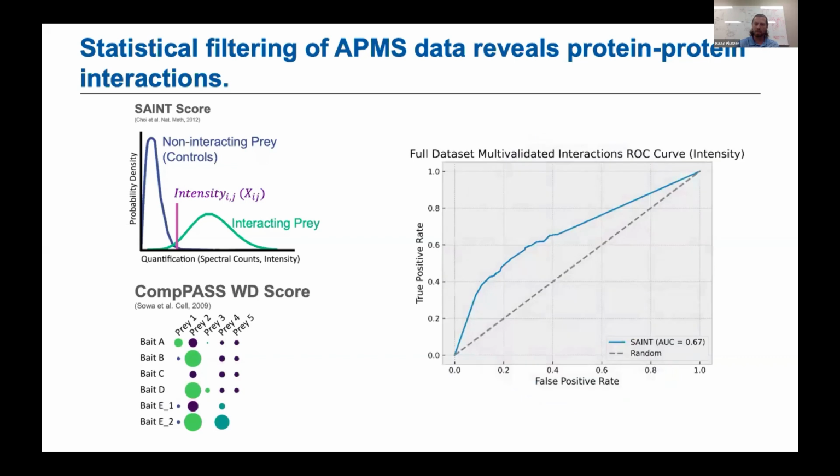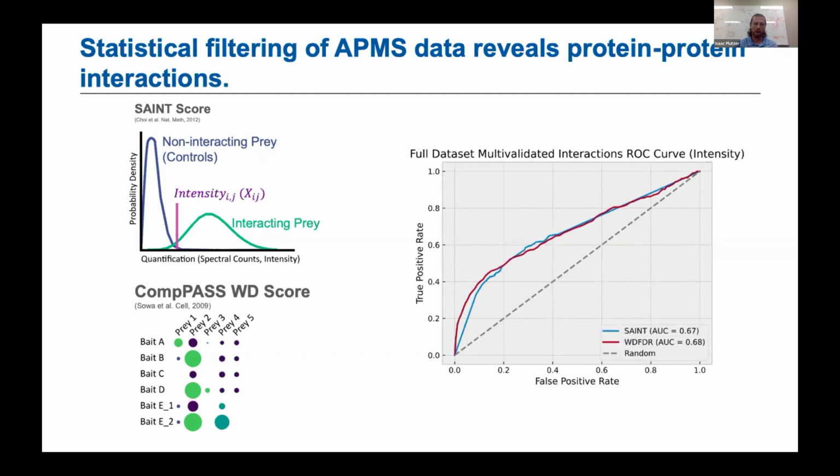I can evaluate these methods using ROC analysis against databases of known protein-protein interactions like the BioGrid database. And so this ROC curve shows how accurate each of these scores are at predicting known protein-protein interactions and essentially filtering out the true positives from the non-specific interactions that we capture.